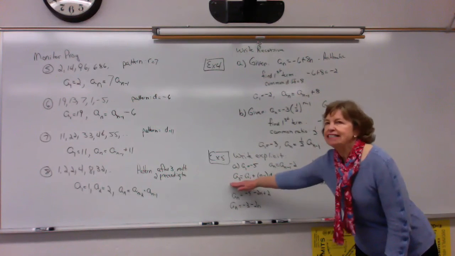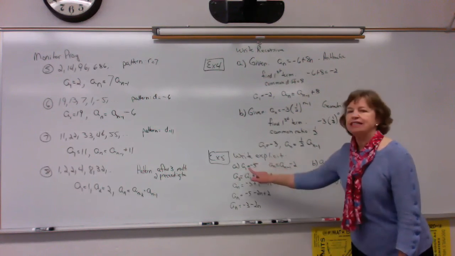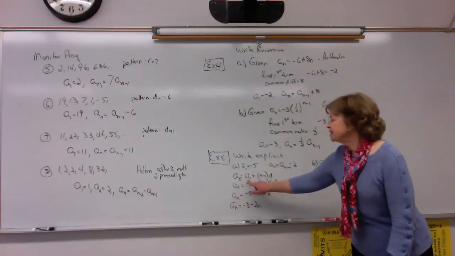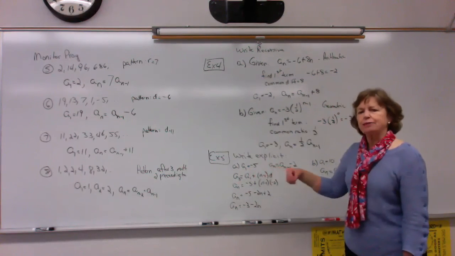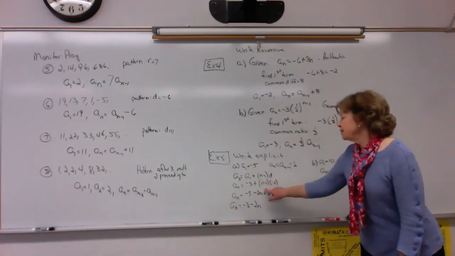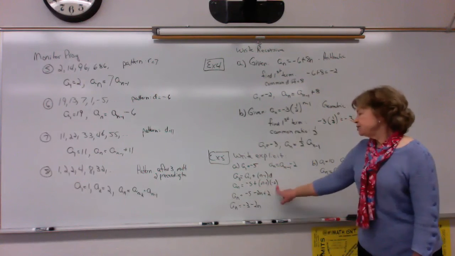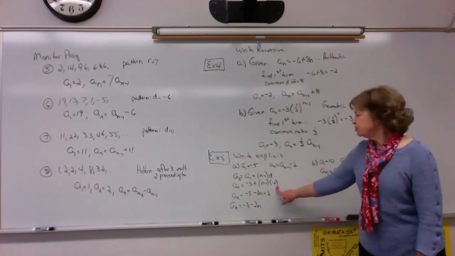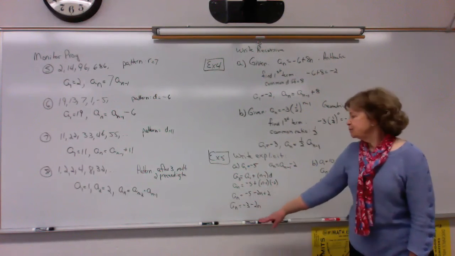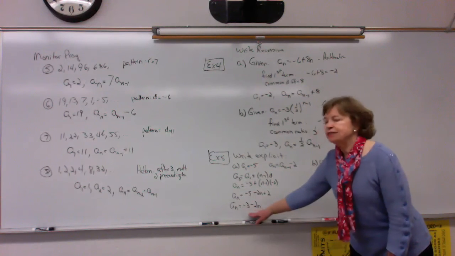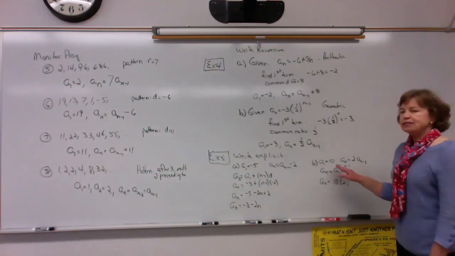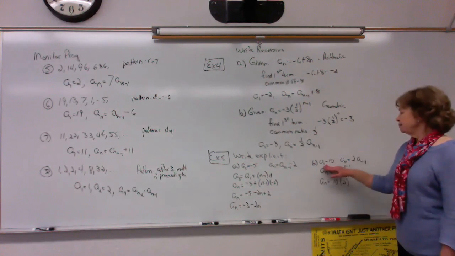Remember, for an arithmetic sequence, easy to see that this was an arithmetic sequence, and so I know my general form is going to be a sub n as the first term plus n minus 1 times that common difference. So my first term was -5, n minus 1, I don't know, but I do know that that common difference was -2. And so I'm just distributing and simplifying to find that the explicit rule is a sub n equals -3 minus 2n.